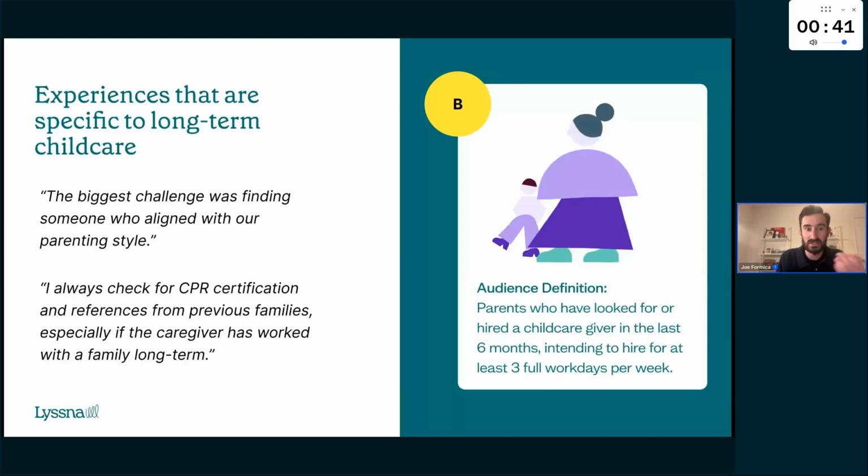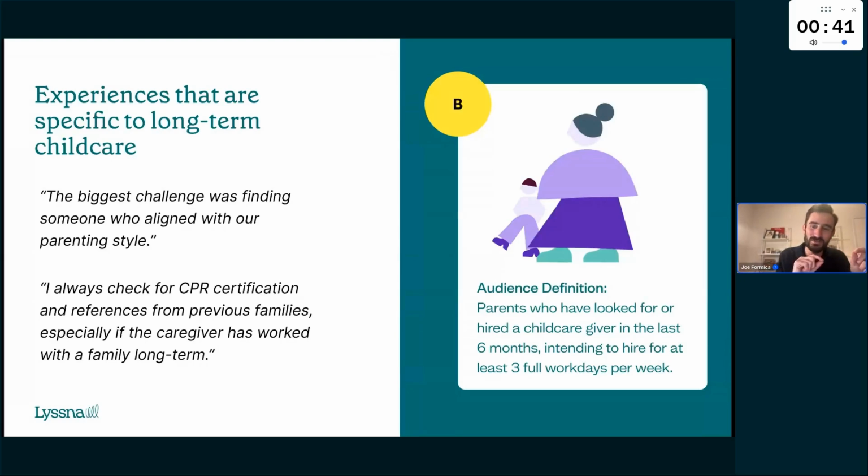And getting back to the specificity, not casting a wide net and using more general terms like consistent childcare, but being specific with hiring at least 3 full work days per week. We know that we're going to get people who are in that target audience, and that's going to allow us to focus the feedback, the questions that we're asking, and the data that we're getting back, so that we have a higher concentration of experiences related to specific long-term childcare, and not find ourselves picking through the research and saying, oh, does this count?